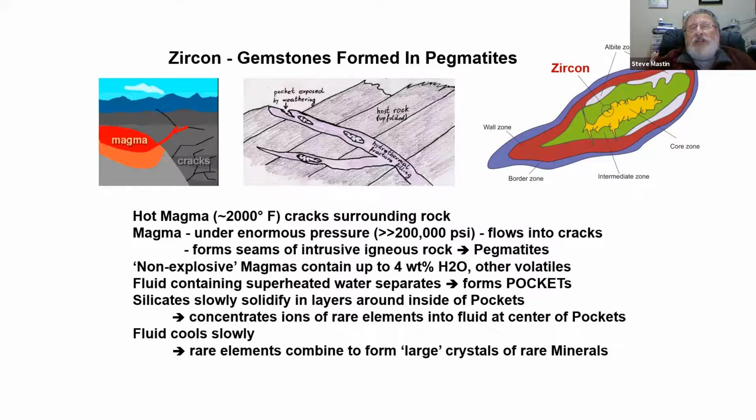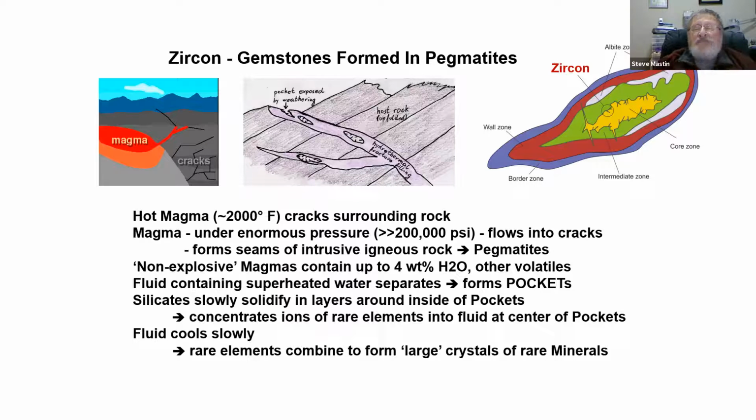And what you can see on the right is that you start getting layers of silicates cooling around the outside of those pockets in layers, and more concentrated at the center are ions of rare elements in that fluid.